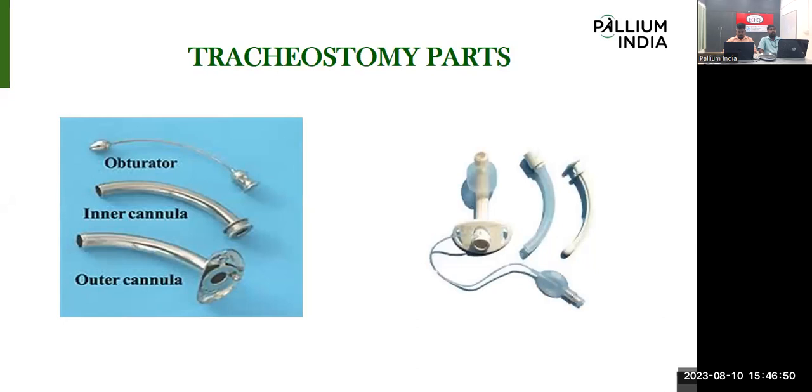If any mucus or secretion is blocking the outer cannula, while reinserting, the inner cannula having more length will push out or open the blocked part of the outer cannula. So the inner cannula has more length than the outer cannula.